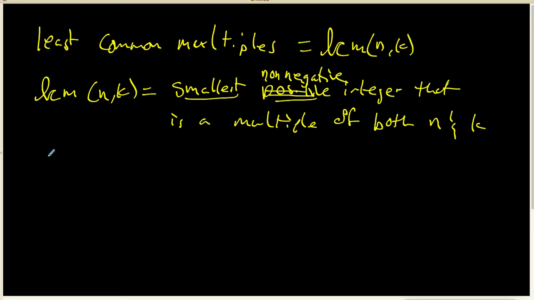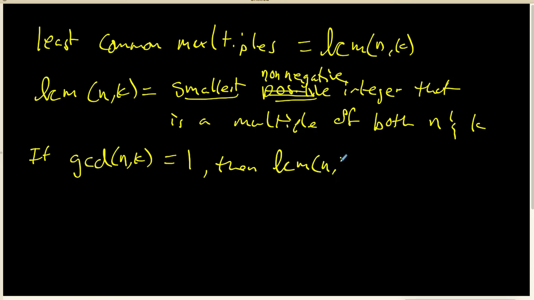Essentially, the thing that I want to be thinking of is this. First of all, there's a really important fact. If the GCD of two positive integers is equal to 1, then the LCM of that pair is simply going to be their product. This is for n and k both bigger than or equal to 1.